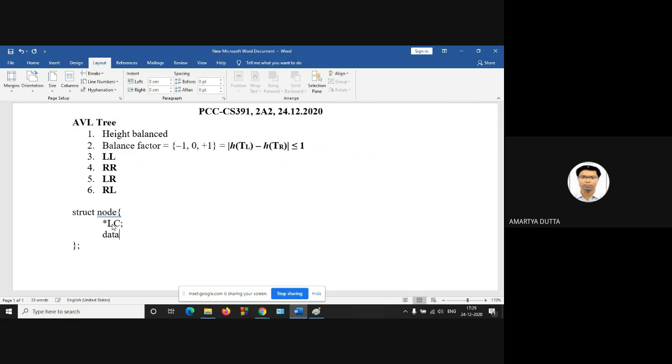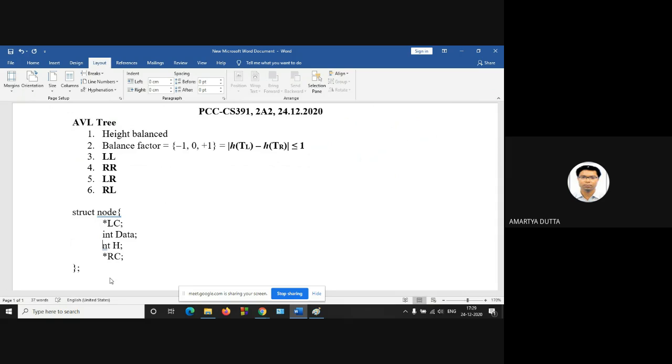Next part is your data part, and then height part, and then right child part. Okay, so right child, it is a pointer, and height, int height, you have to calculate int height, int data. So it is a binary search tree.